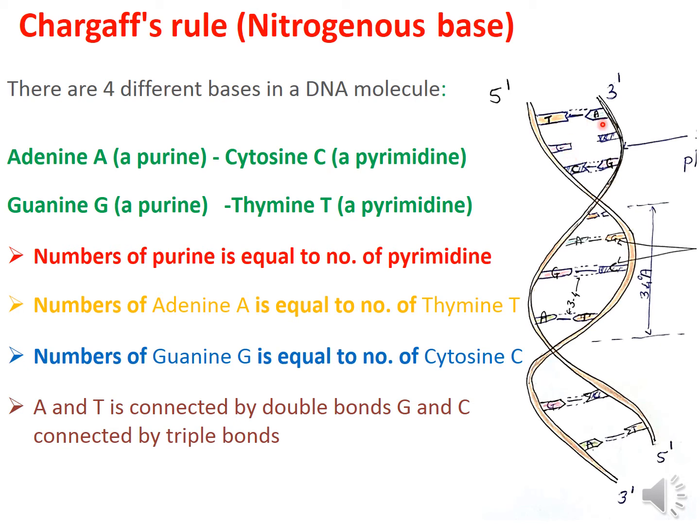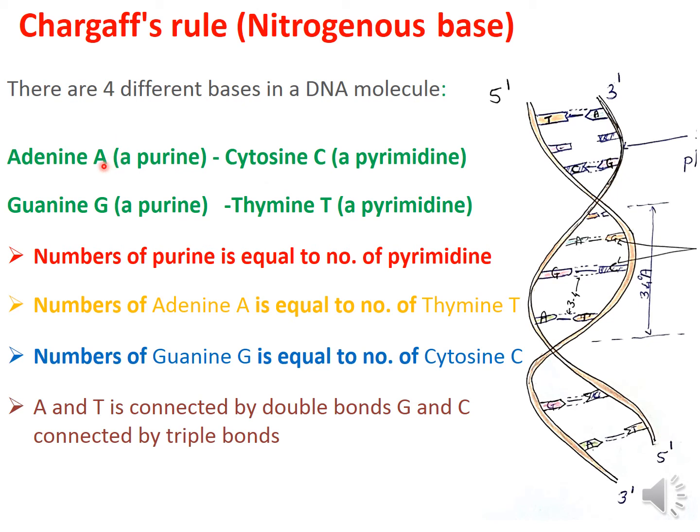So let's come to the structure. The inner surface of this DNA structure is made up of these 4 nitrogenous bases, A, C, G, T. You have to remember one thing: purine is always combined with pyrimidine.